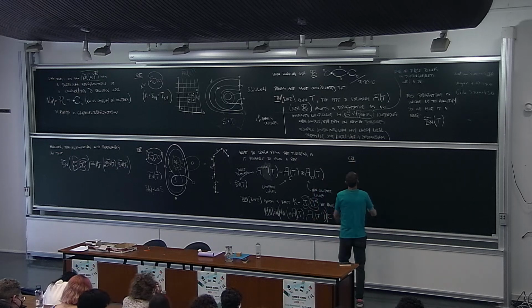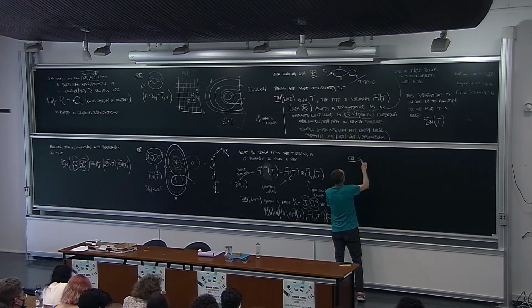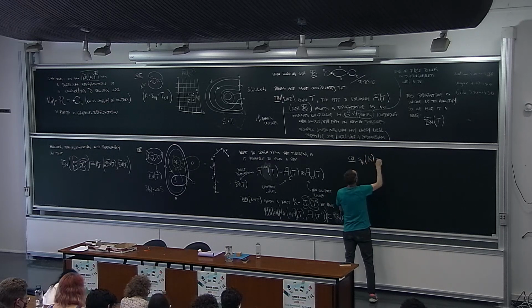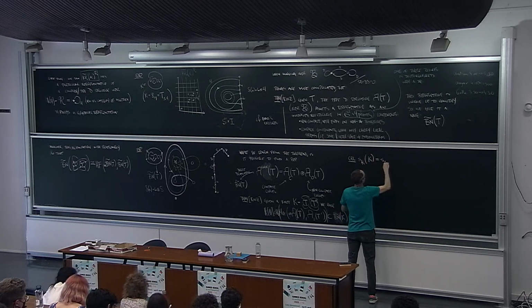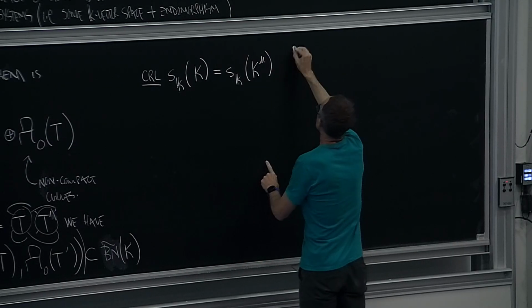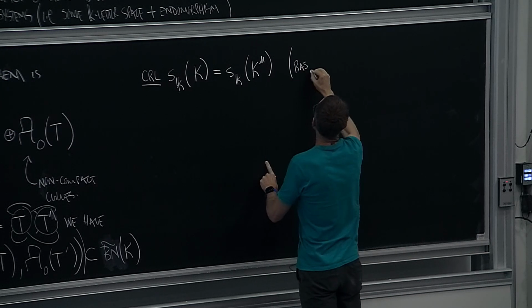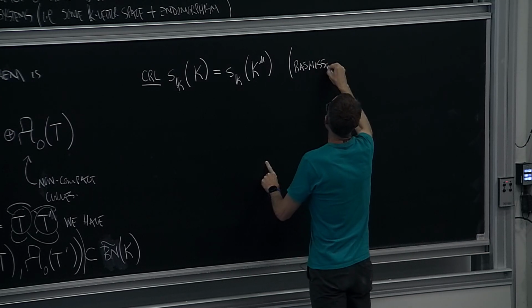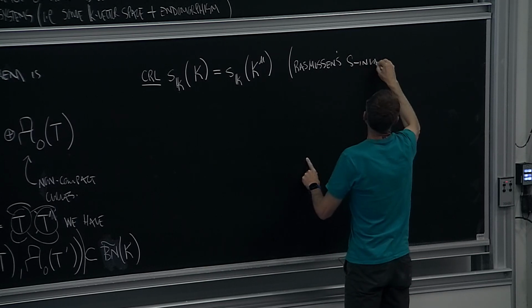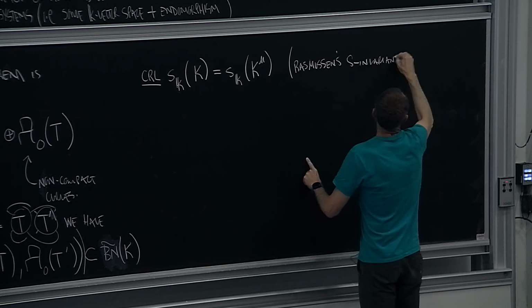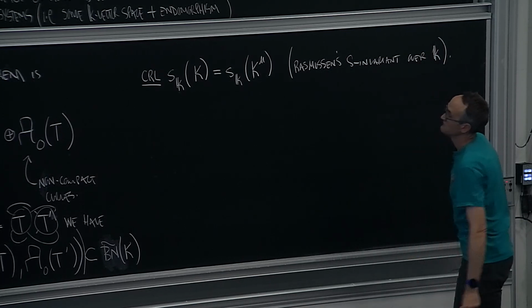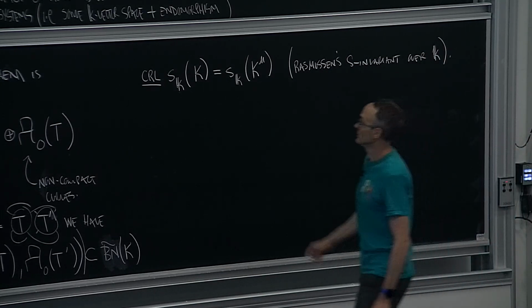What you learn is that the S invariant, and this is now not going to depend on the choice of its mutant, are going to have to agree. So this is Rasmussen's S invariant over K. So, proof here.